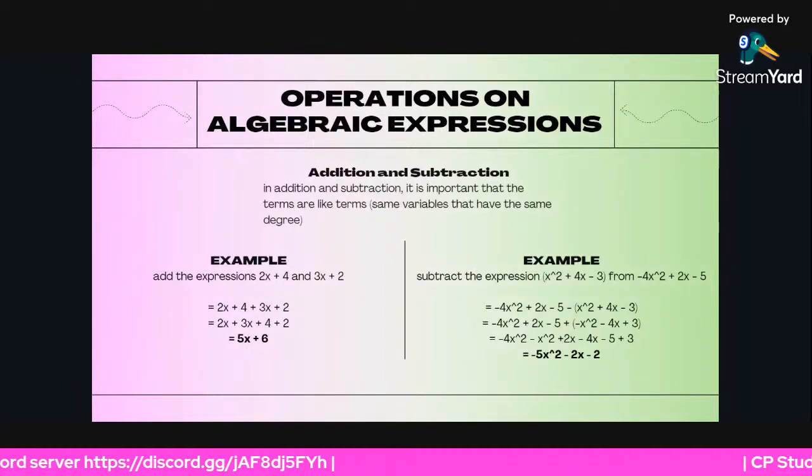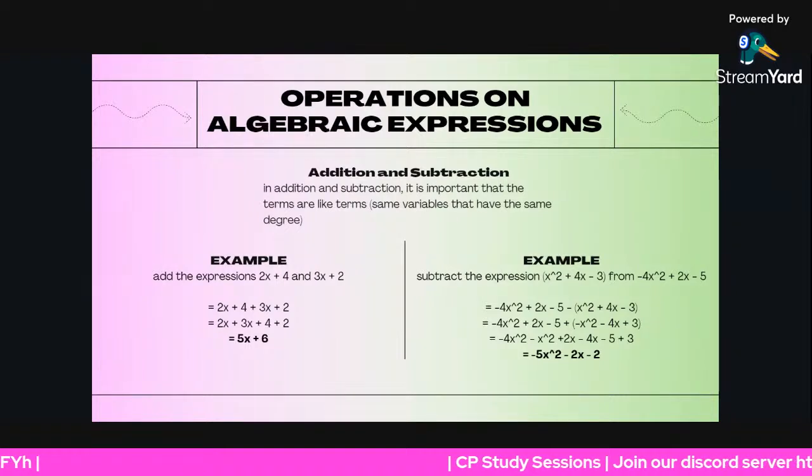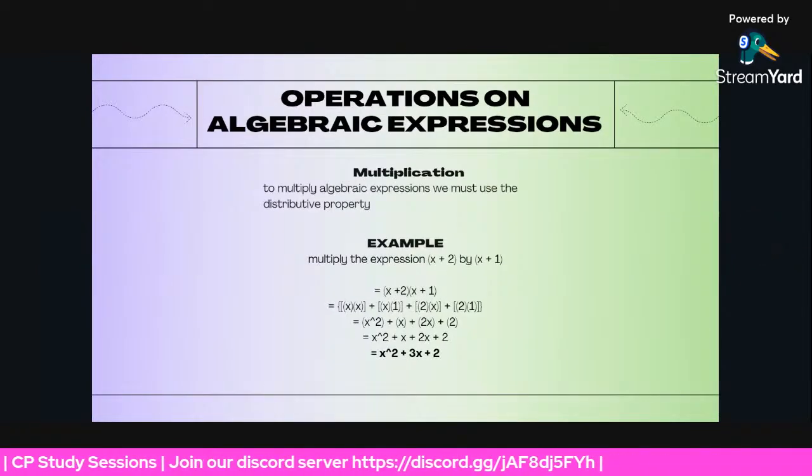Ayun. Since wala nang clarification sa addition and subtraction, proceed na tayo sa next slide, which is multiplication.